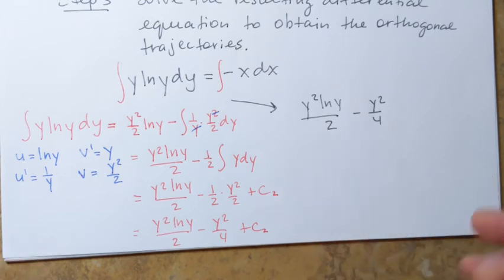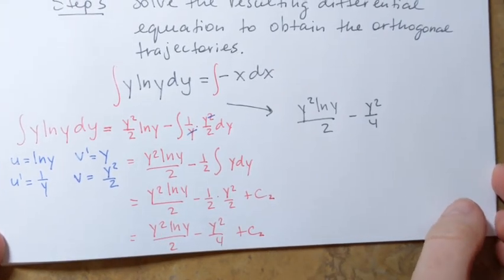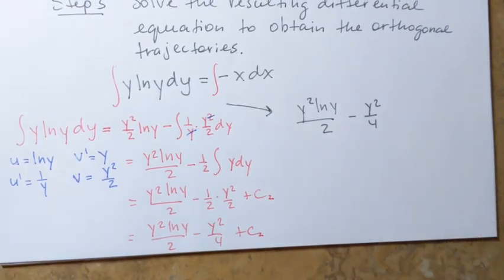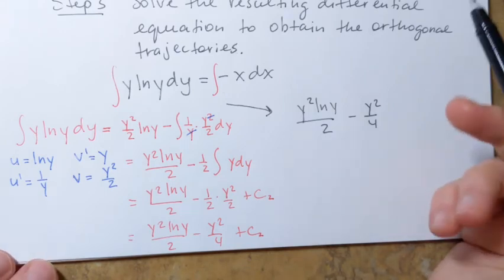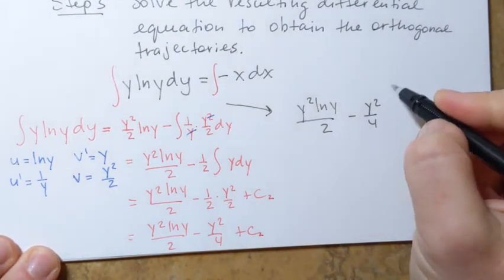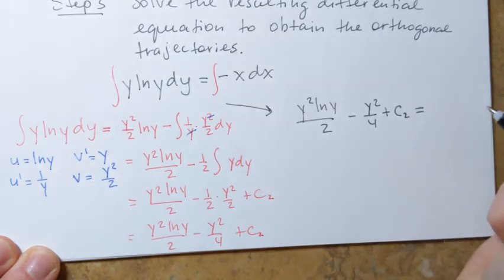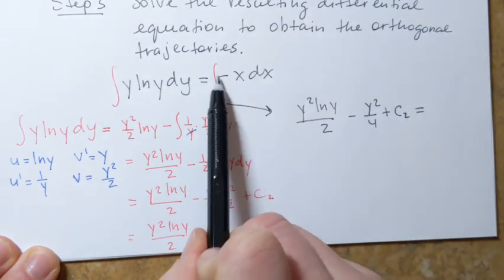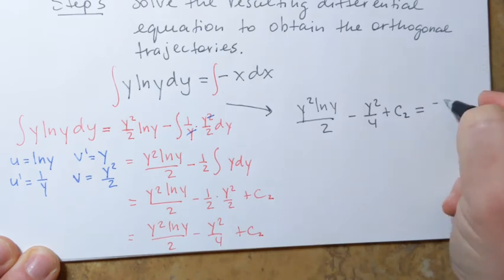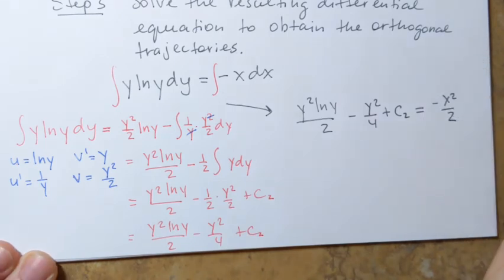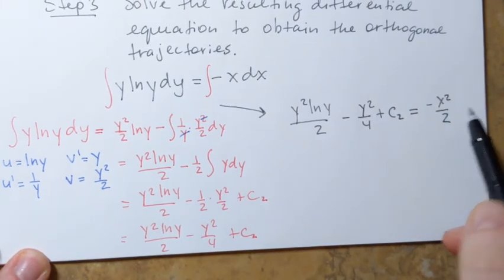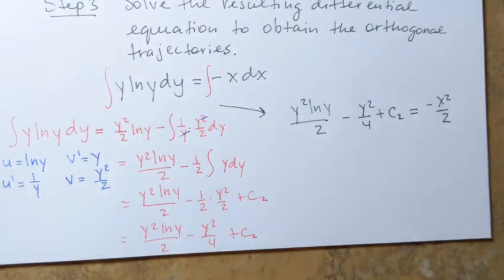As you remember, it doesn't really matter, but to make that look close to the definition, I'll use c2. So plus c2, that's the left-hand side, and the right-hand side is the integral of negative x, which is negative x squared over 2, and we're not going to write a constant here, since we just keep that as the constant.